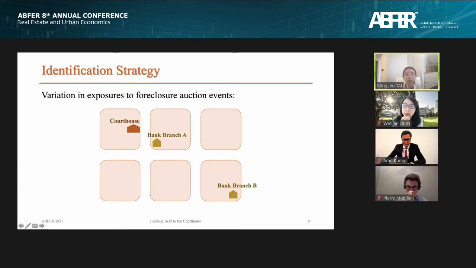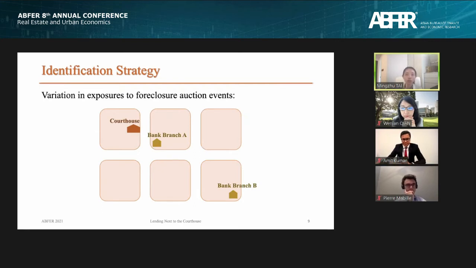Then whenever there are foreclosure auctions going on outside the courthouse, if loan officers happen to walk by, say they come to work or go back home, or they go to the corner coffee shop to buy a coffee or lunch, then they can easily observe what's going on outside the courthouse and become aware of the overall foreclosure crisis within this county.